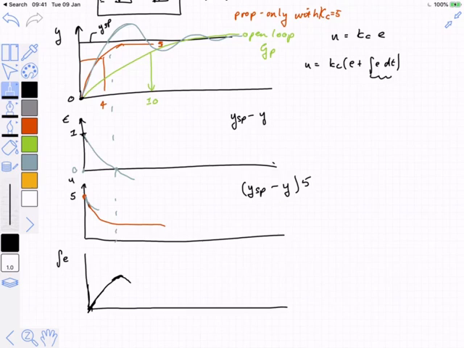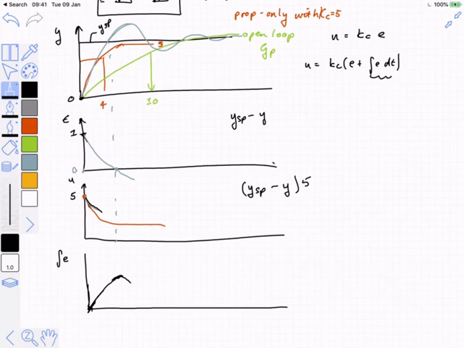But the integral of the error is still keeping that action up. And so this is why I've sketched it the way that I have, that for the PI control, the action of the controller will be above the action of the proportional controller. Why? Because I at least have that proportional part, but then I've also still got the integral part.